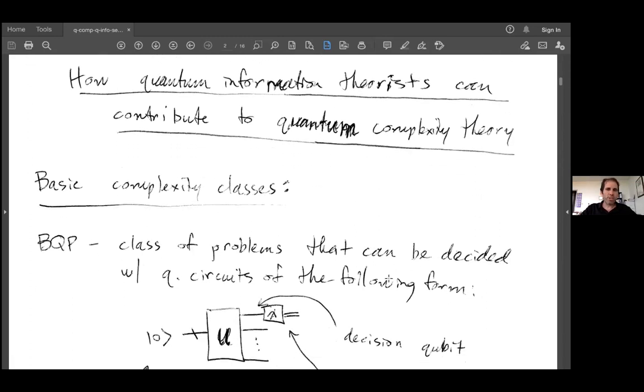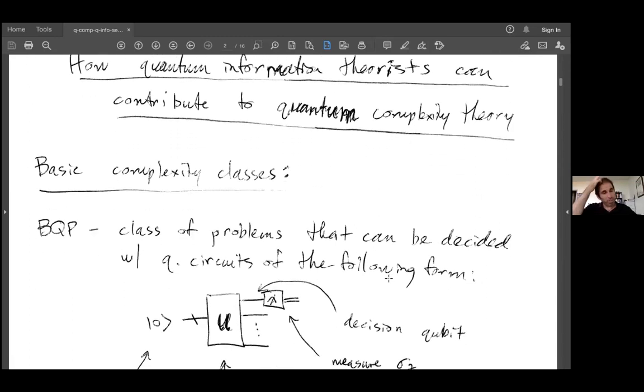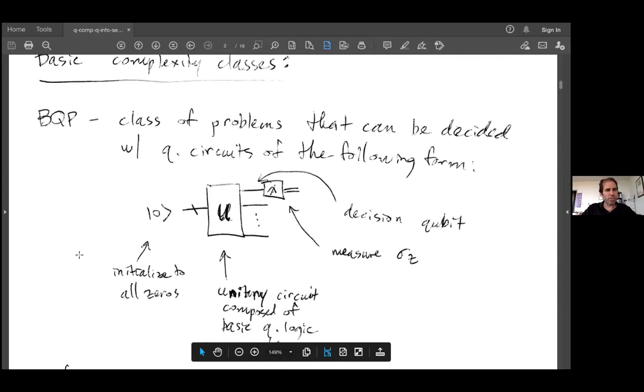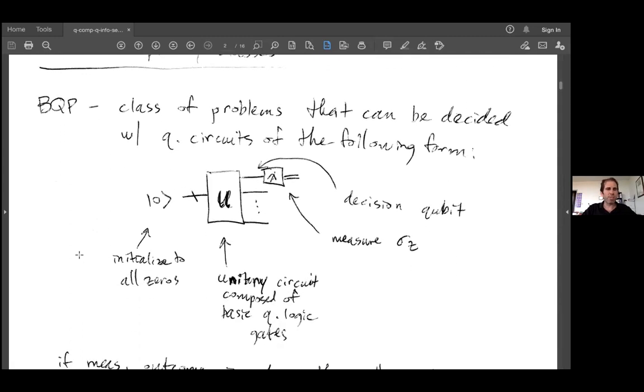Okay, I'm going to start with the assumption that you're not familiar with some of these basic complexity classes, or even if you are, I'll be reviewing them. We're going to start out with the basic quantum complexity class of interest, BQP, which stands for bounded error quantum polynomial time.